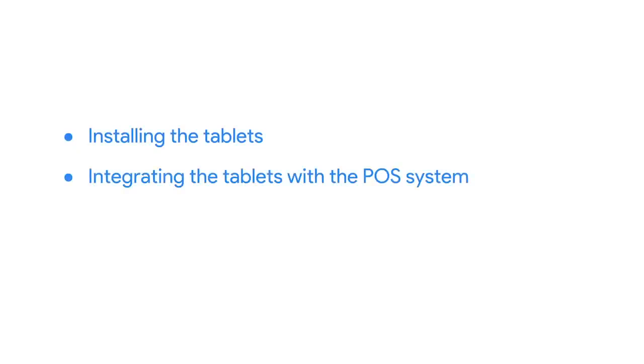Let's discuss an example. The Sauce and Spoon project has just reached one of its last milestones, the completion of 3 key deliverables that are required for project launch testing. Those deliverables are installing the tablets, integrating the tablets with the POS system, and training the staff to use the tablets.